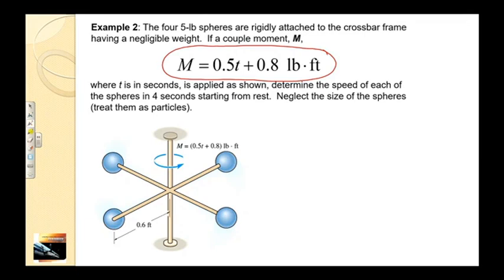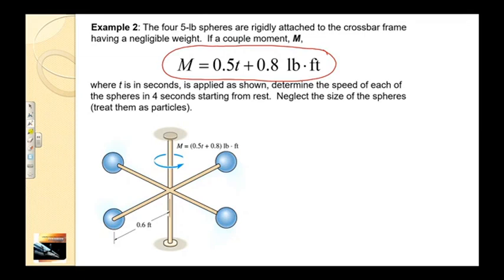So our impulse is the integral of our moment, which is defined as t over 2 plus 0.8. And I want to integrate that with respect to time from 0 to 4 seconds. So t with respect to time becomes a t squared over 2 times 2, so it's t squared over 4.